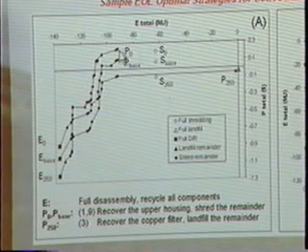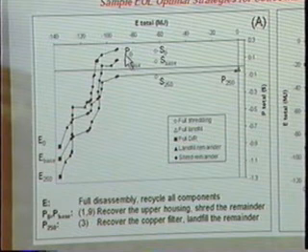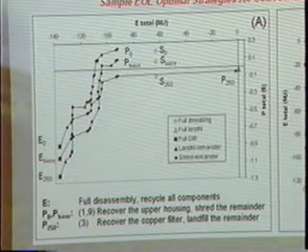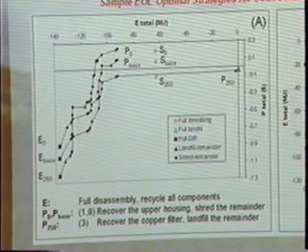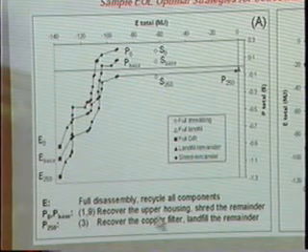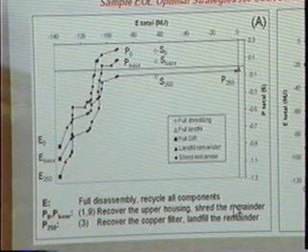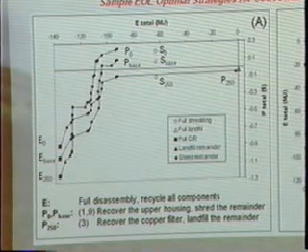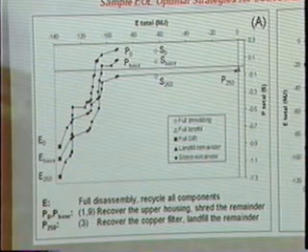Now this is what we call P, the max profit DNR strategy, where there's some disassembly and recycling. That strategy in the baseline case here is to recover the upper housing made of plastic and just shred the remainder. So it's one step. You can make a little bit of money. There's a good mass of plastic there. So you separate that out so it's not contaminated, and you shred the rest.